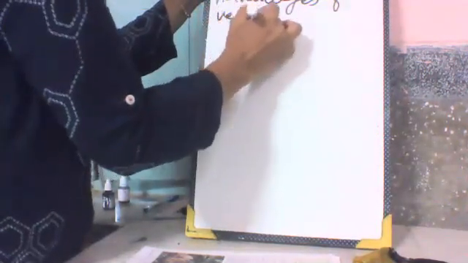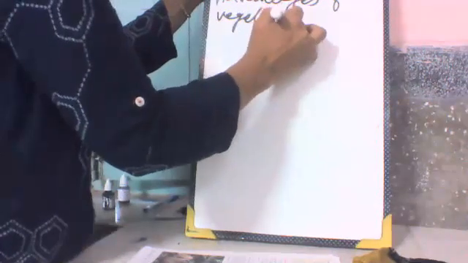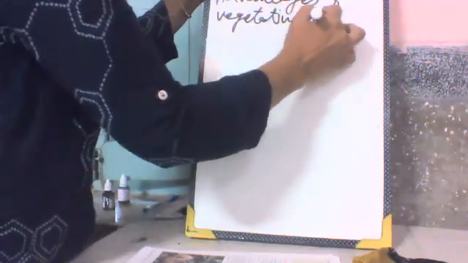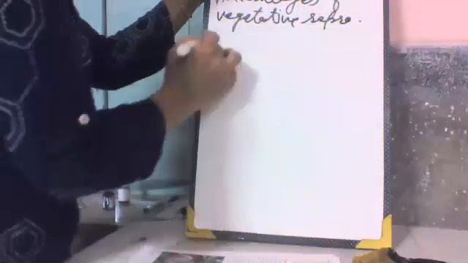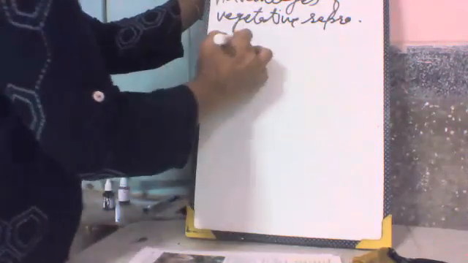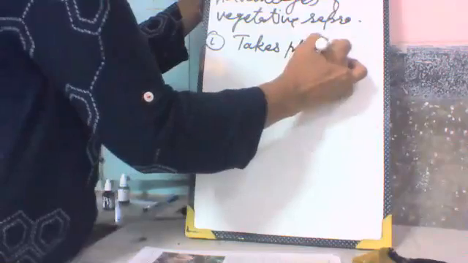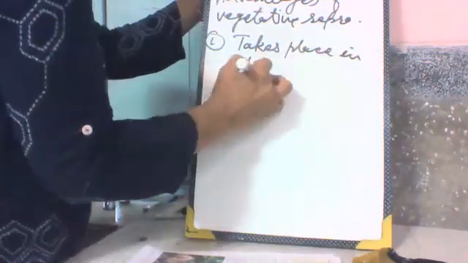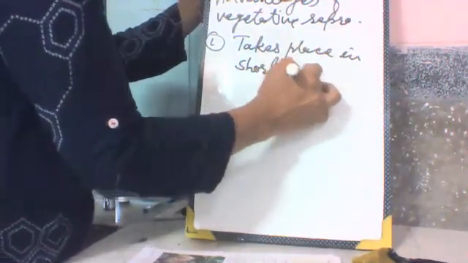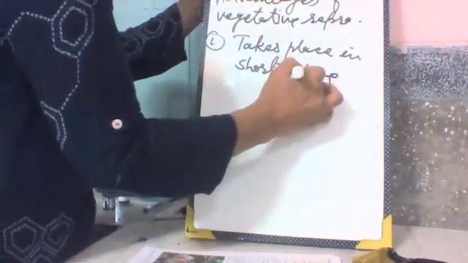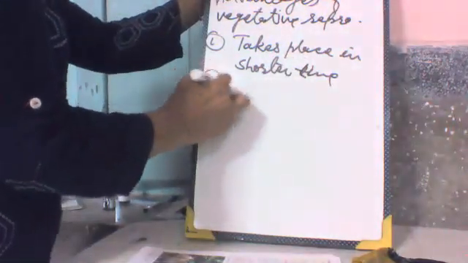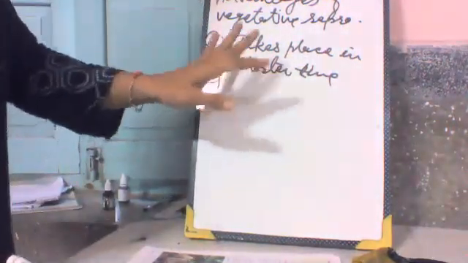Reproduction by vegetative means takes place in a shorter time. It requires a very short period of time to grow a new plant.